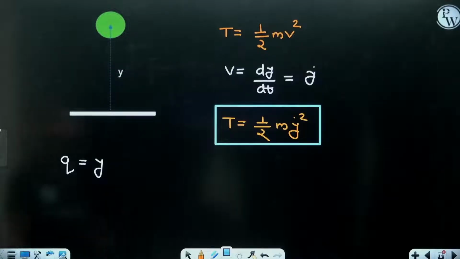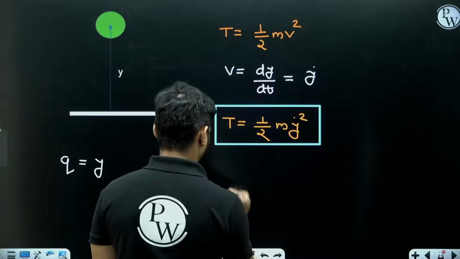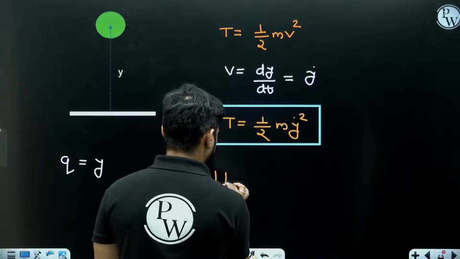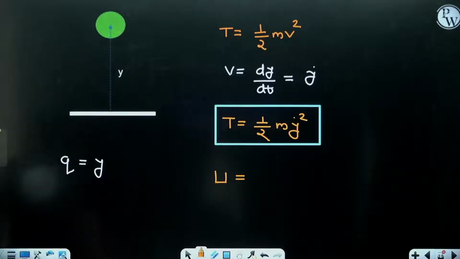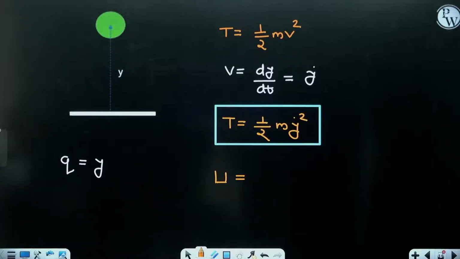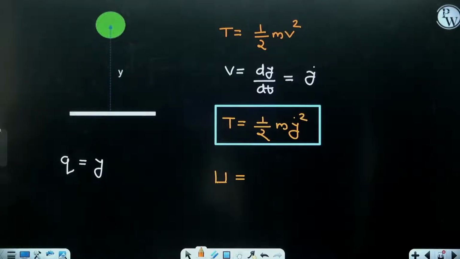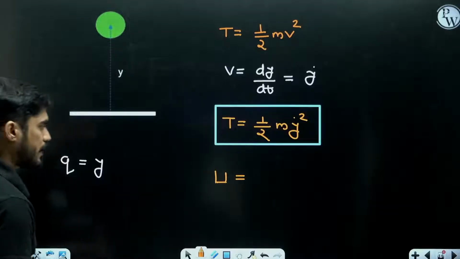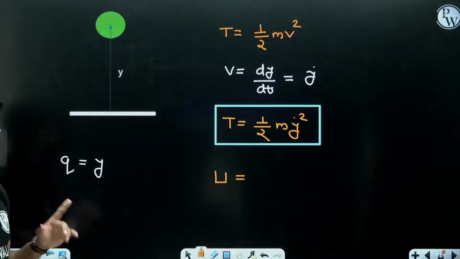Now I need to write the potential energy equation. Now understand. This ball is falling down, so the potential energy is decreasing, right? So we will write the potential energy negative.